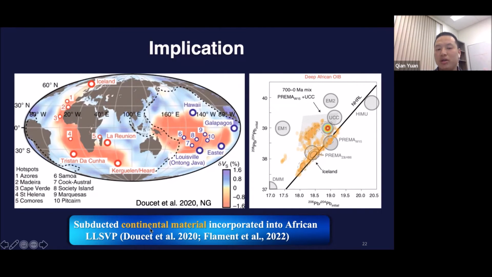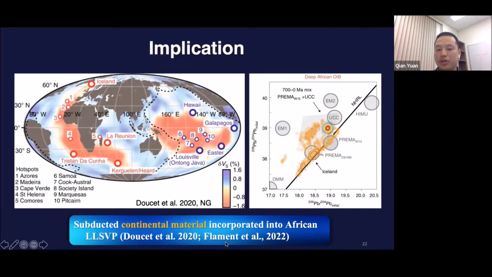And we know that continental materials are relatively less dense compared to the mantle and the slab. So if you include more continental material in the African LLSVP and not in the Pacific LLSVP, this may make the African LLSVP relatively less dense, which is similar to our implications.